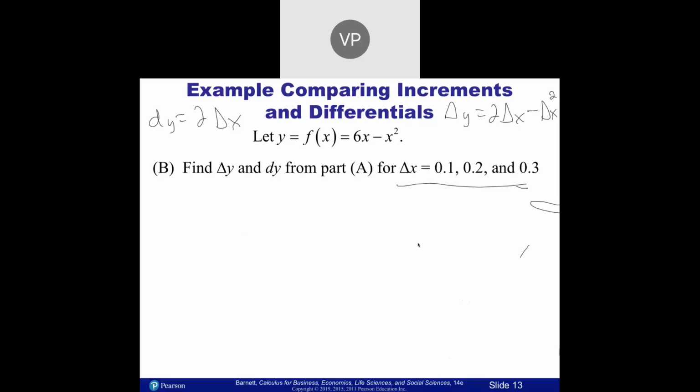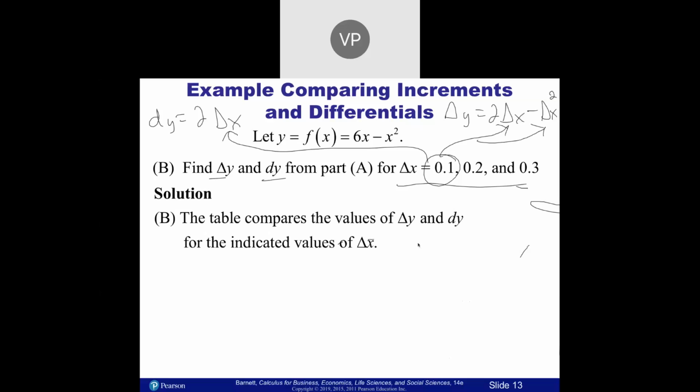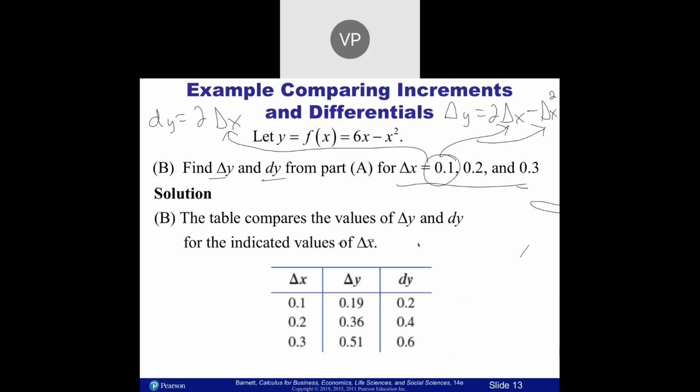I'm going to take this 0.1, I'm going to plug it into here, that's going to give me the dy. I'm going to take the 0.1 and plug it into here and here, that's going to give me the delta y. So that's what they're doing here. And they plug these in here on the table, which doesn't exactly tell us everything, that's why I want to write a little bit extra, but just look at this delta y right here.